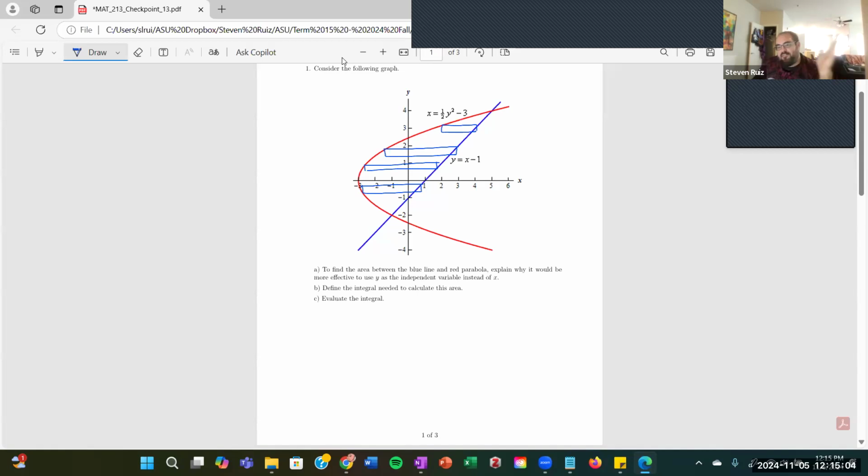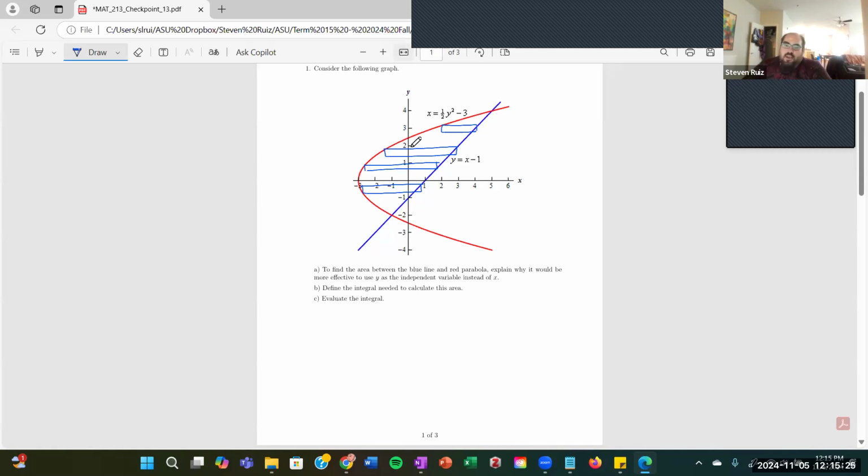Because the left and right ends of all these rectangles are consistently dictated by the curve and the line respectively, that is what lets me get away with doing only one integral here to find this area.